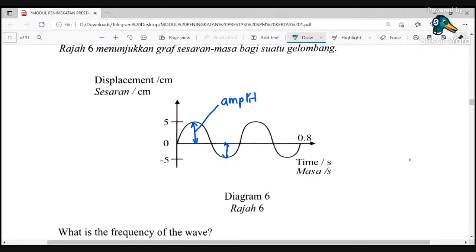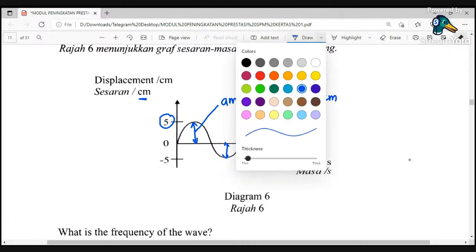So from here you can just read straight away the value 5 centimeter. Ikut unit sini. Okay, and then given here level here is 0.8. 0.8 is for how many number of wave.